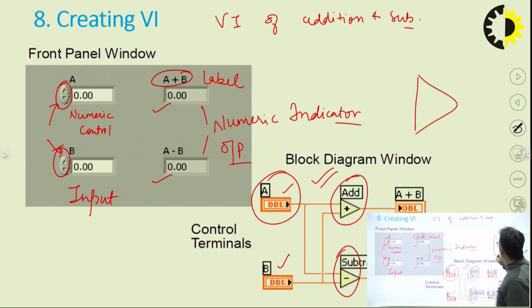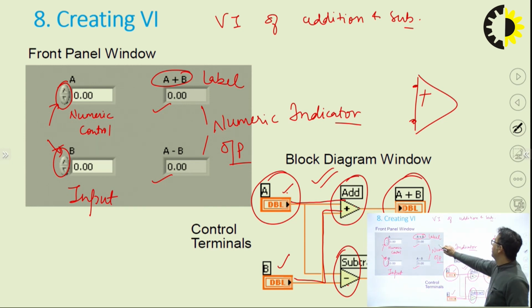This add block will have two inputs which are coming from A and B, so we have wired them using A and B. Likewise, we have this subtraction block. Again, this is wired with these two blocks, and their output is given to the numeric indicator block. So this is how a VI is created.